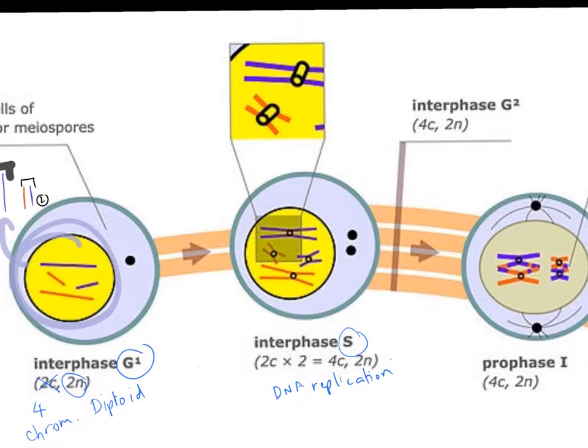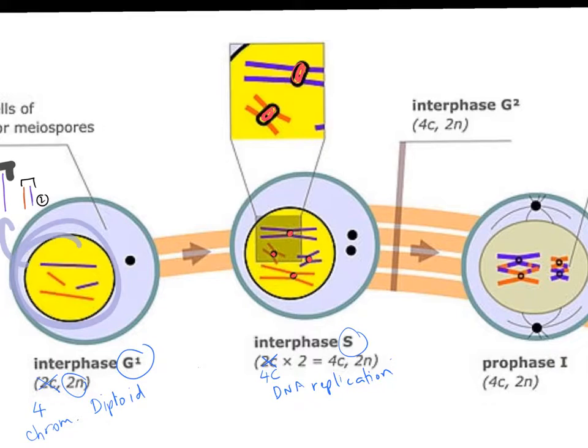It should say 4 chromosomes. Notice that you have these 4 centromeres.